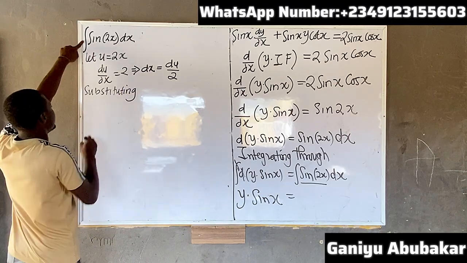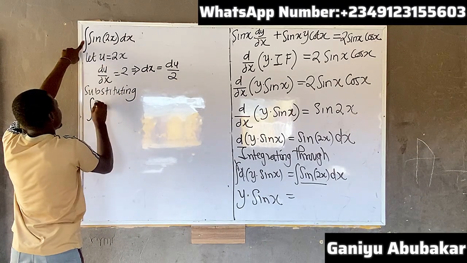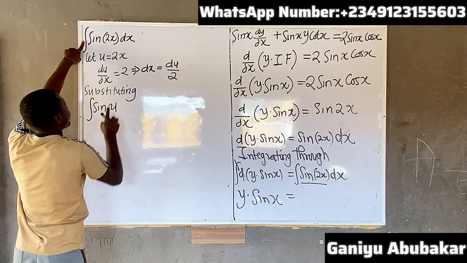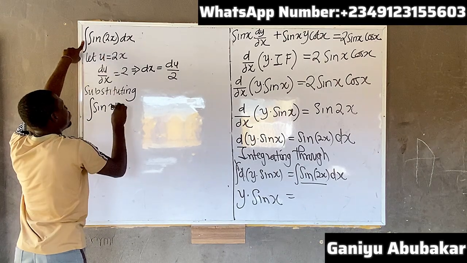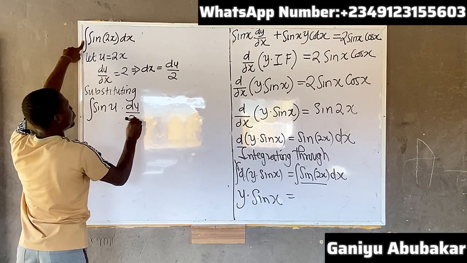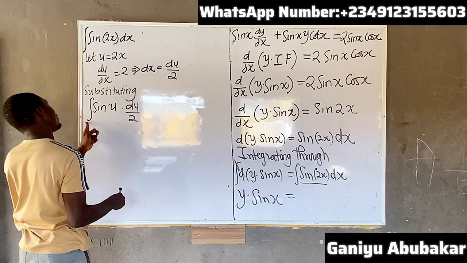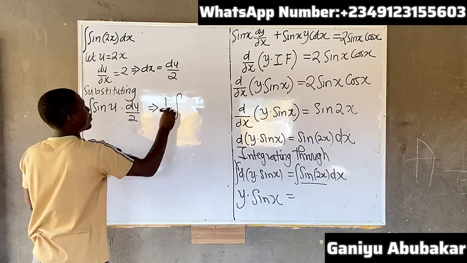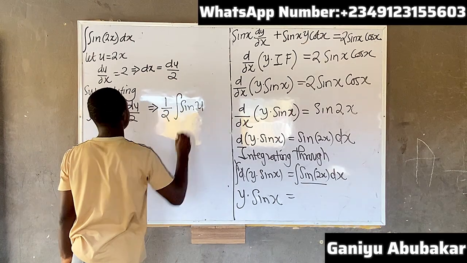At this point, substituting, that gives you the integral of sine u, because 2x is now u, sine u dot dx, which gives du over 2. Bring out this 2 outside. That gives you 1 over 2 integral of sine u.